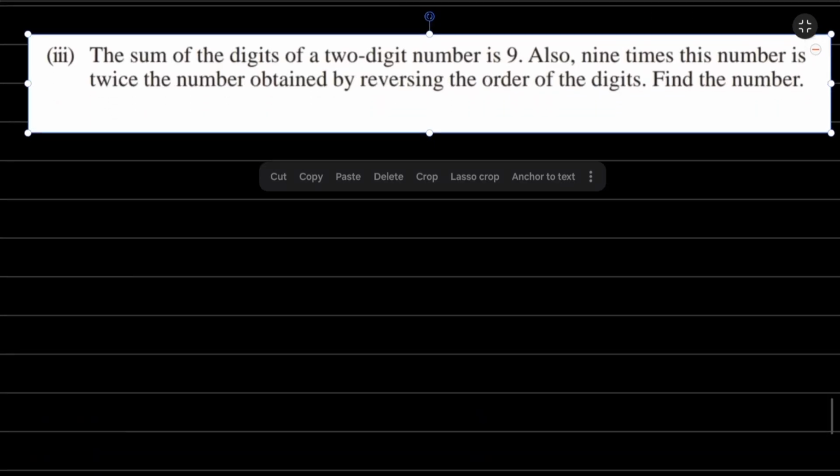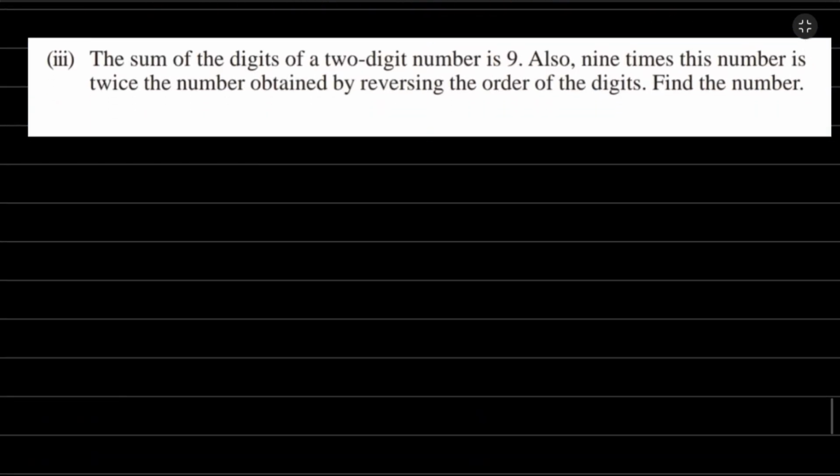The third question is, the sum of the digits of a 2-digit number is 9. The minute you see the question related to a 2-digit number, you can write a 2-digit number, namely yx. Here x is nothing but your units place or ones place, and y will be your tens place.